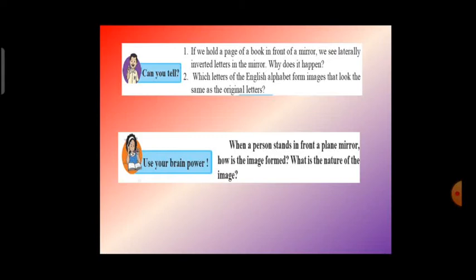Image of every point on the body of the person is formed behind the mirror, exactly at the same distance from the mirror as the point itself, and that is why this forms an erect but laterally inverted image of the person. The size of the image is same as that of the person. Okay, so what we need to remember, the size remains the same, only thing is there is a lateral inversion. Right becomes left. You can do this on your own and find out.